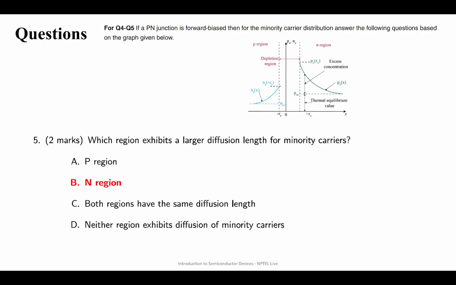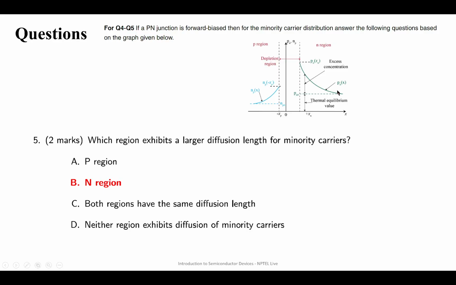Ln is given as square root of Dn tau n, and Lp will be square root of Dp tau p. So it depends on your diffusion constant and your recombination time. It does not depend on doping.